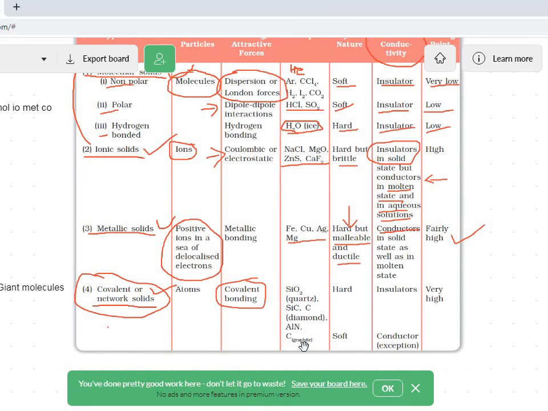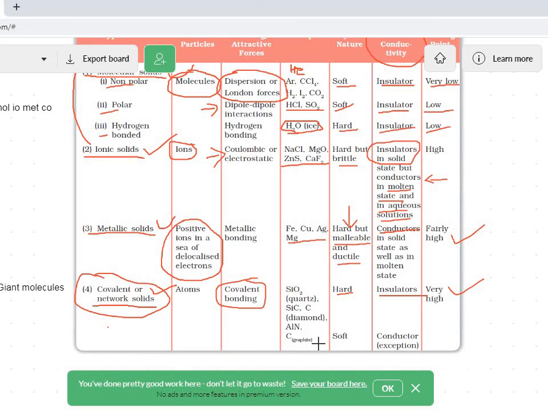Now you have already studied the difference between diamond and graphite in 11th standard. Diamond is a typical example of this solid, which is hard and a non-conductor of electricity, with very high melting point.